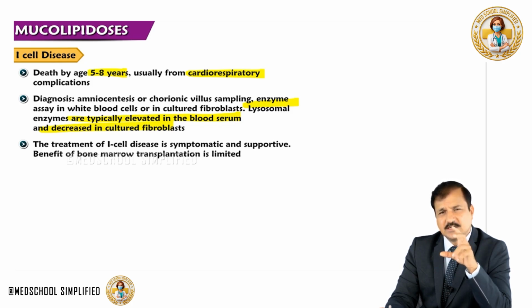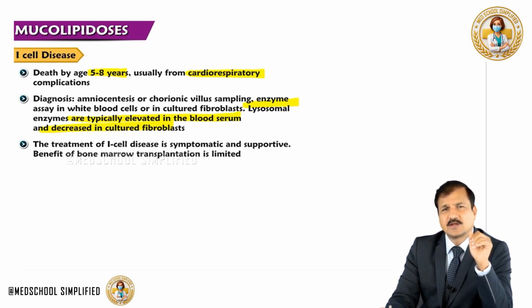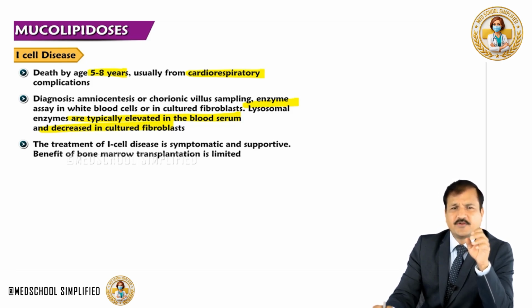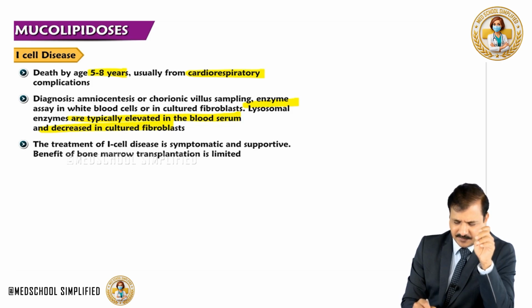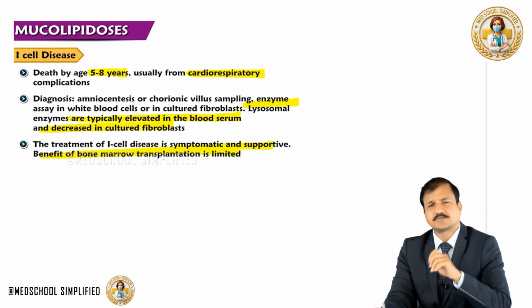This is an acid hydrolase. Like lysosomal α-L-iduronidase enzyme is the specific enzyme that is deficient in Hurler syndrome, whereas in I-cell disease, all lysosomal enzymes will be deficient or absent. So, treatment for I-cell disease is symptomatic and supportive, and the benefit of bone marrow transplantation is limited here.